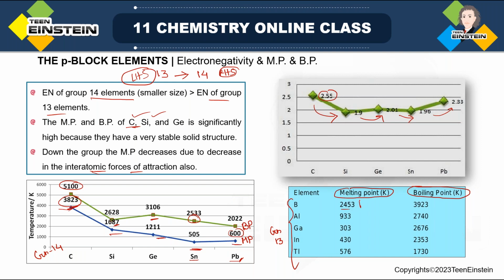If you compare melting point and boiling point, carbon is very high compared to boron. The same thing you will also observe for the other elements. Overall, in general, if you compare the MP and BP of group 13 and group 14, they are high in the case of group 14 elements, which is clear from these values.